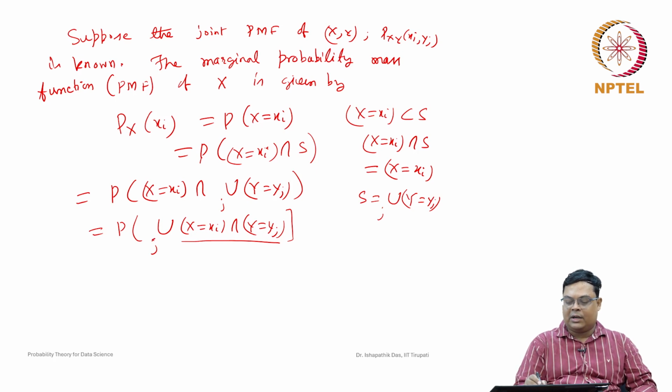These are all disjoint, because y1, y2, y3 are different. That is why they are disjoint.